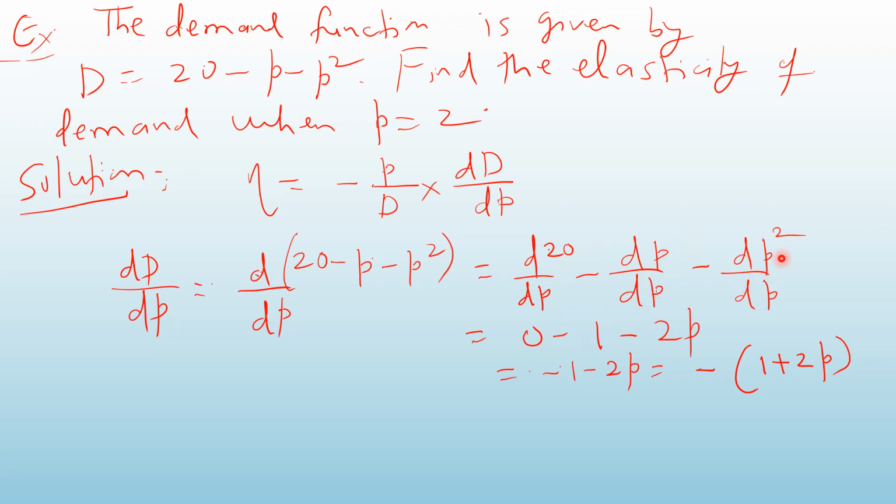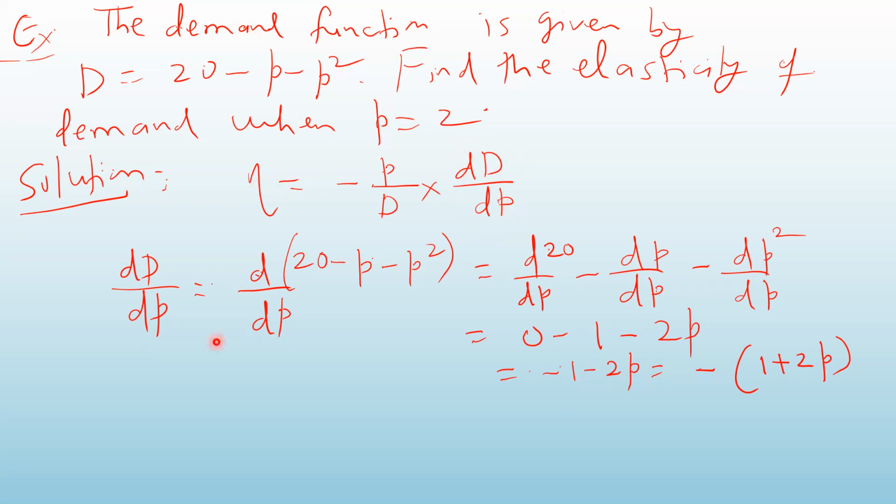And derivative of P square is 2P, applying the formula derivative of x to the power n is n into x raised to n minus 1. So 2 into P raised to 2 minus 1, that is 2P. So you'll get minus 1 minus 2P. Take that minus out. So you'll get 1 from here, and from minus 2P, you'll get plus 2P. So we have calculated derivative of D with respect to P.